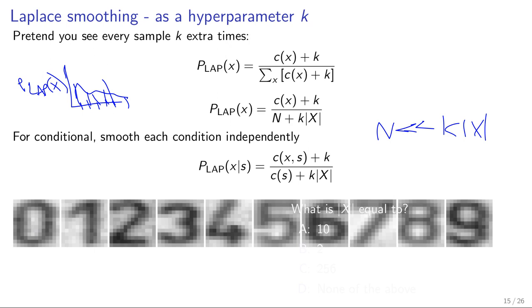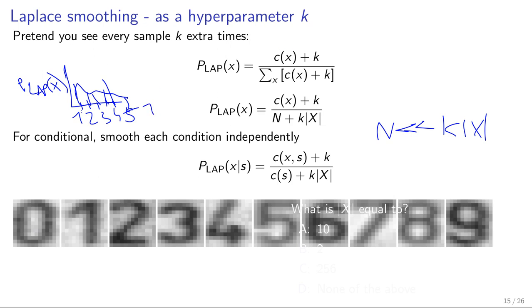Well, it will not be 1/2; it depends how many possible values there are. Sorry, here it's not the intensities, because we're talking about X, which is one pixel with one value.